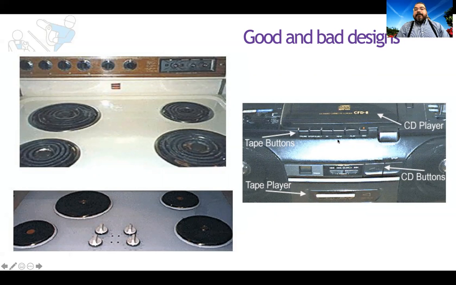In this case, the controls and what they are controlling physically are not distributed correctly. These buttons here operate this part of the machine, and these buttons operate this part of the machine. This is a recorder.